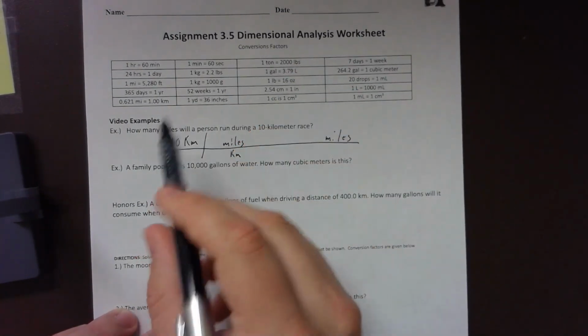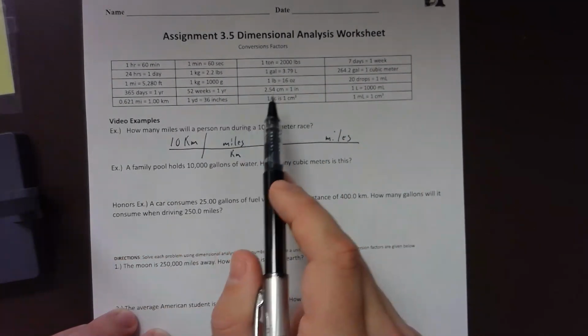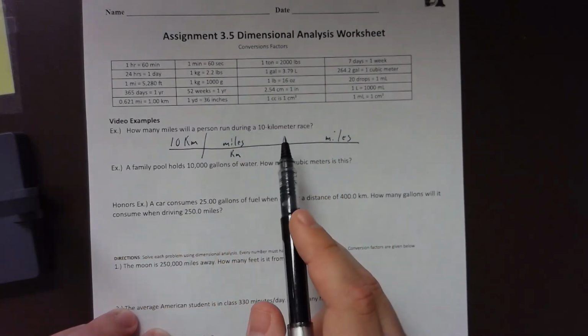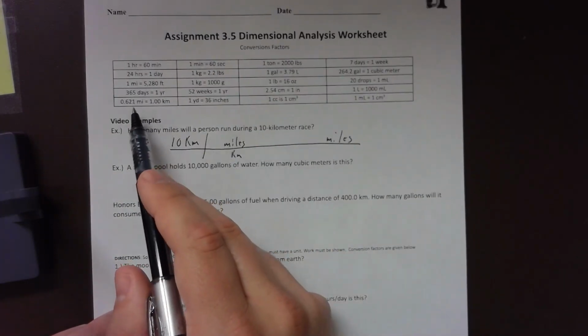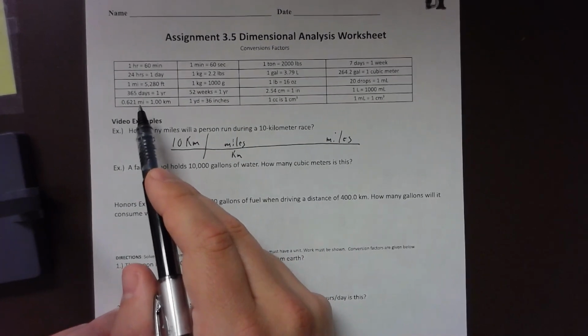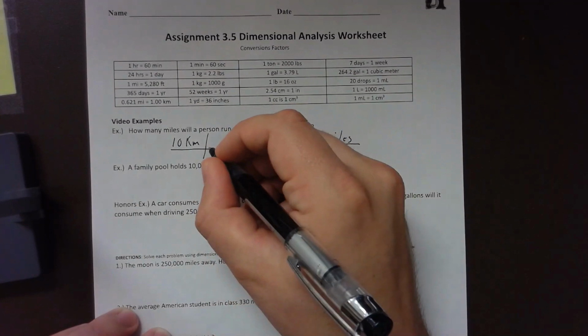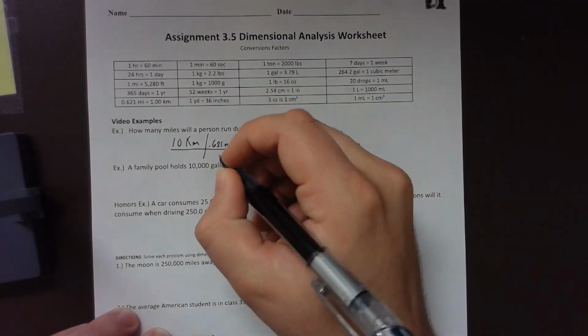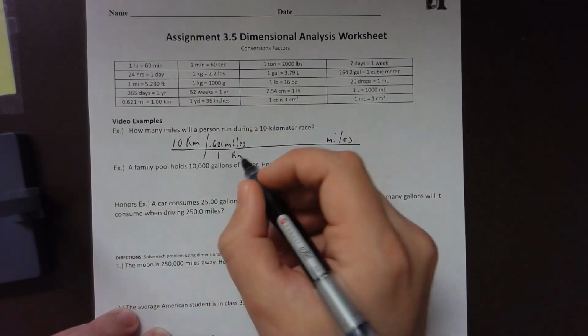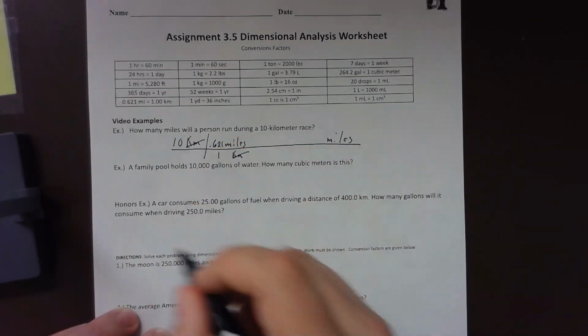So for every, let's go to our conversion sheet. If we look, we see that for every kilometer it is 0.621 miles. So 0.621 for every one, we can cancel out the kilometers.